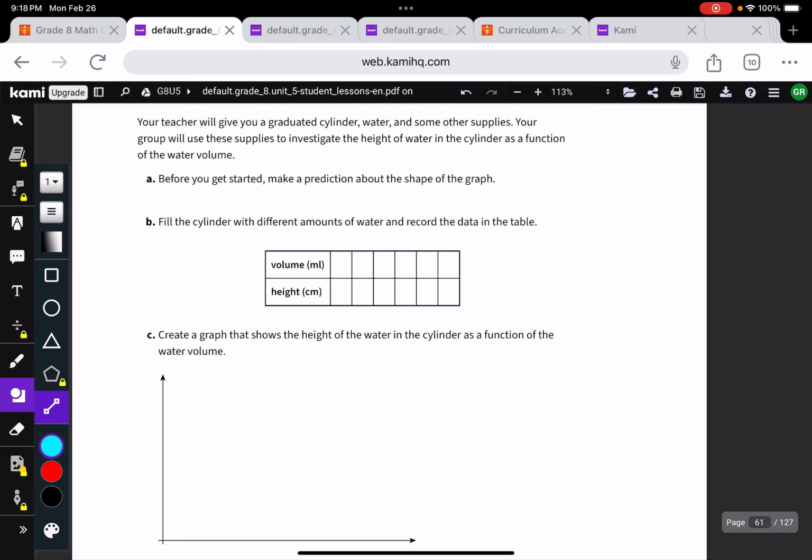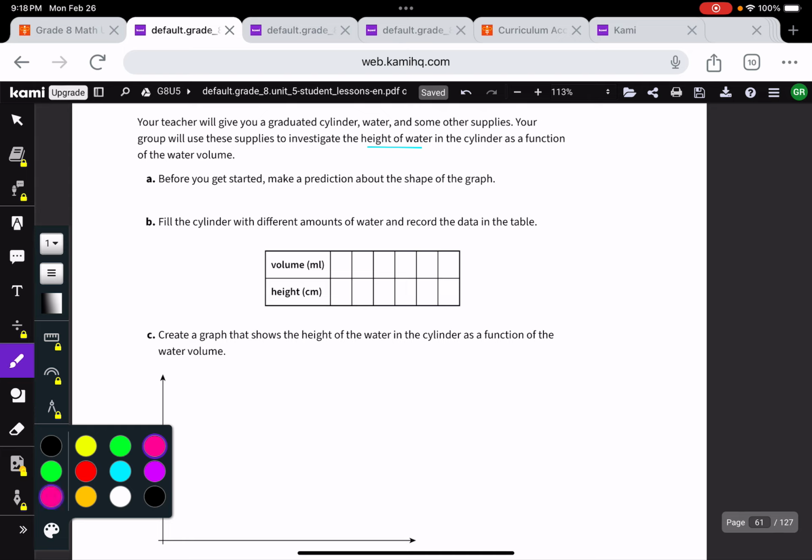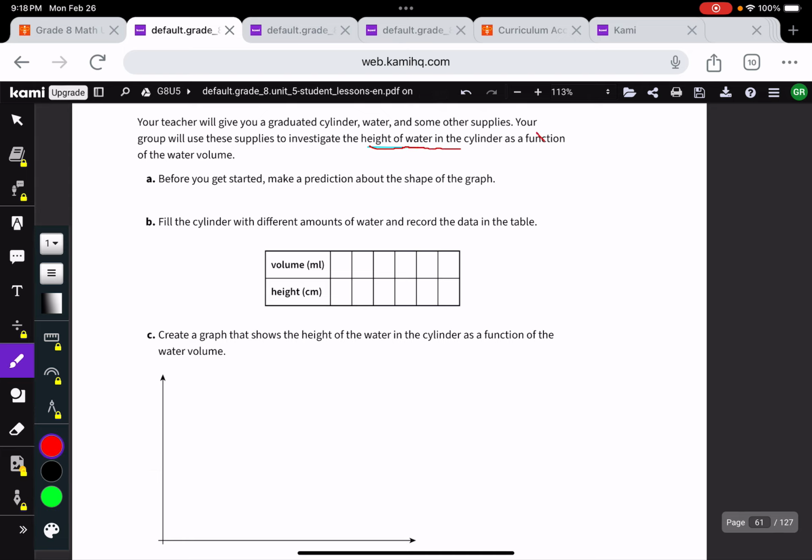So it says the height of water depends on the water volume. Investigate how the height of water in a cylinder, the height that the water is from bottom to the top, it all depends on how much water is in there, how much water volume. Yeah, that makes sense.